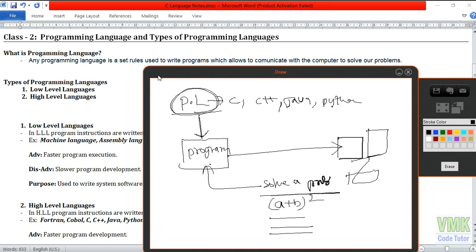So what does a programming language contain? A programming language is a set of rules. In programming languages we follow rules to write a program which communicates with the computer to solve our problems. This is what a programming language is.